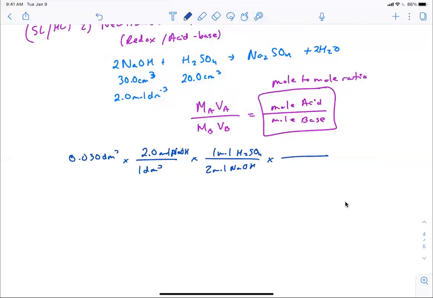And then the volume of this you divide by. So once you get the moles of H2SO4, you can divide, because that way your units are correct. You want moles over decimeters cubed. Everything else cancels out.